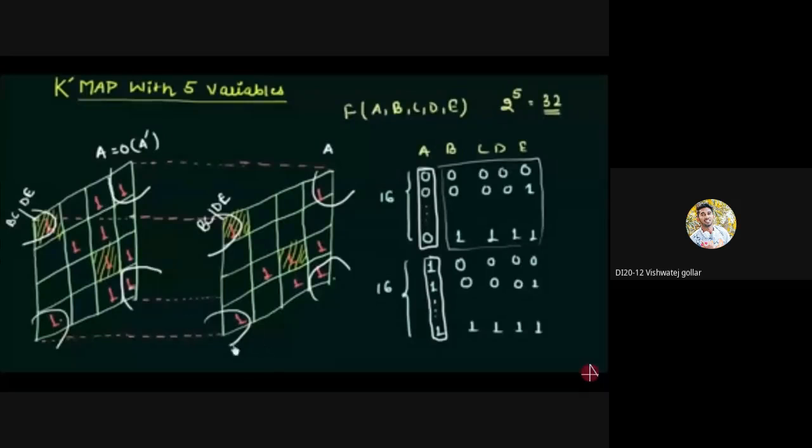This is our first group, and I can write function f for this first group. If I see, A is changing from 0 to 1. Here A is 1, and in this map A is 0. So A is changing from 0 to 1, so A is not written here. Now we will see for BCDE. It's very simple. You can do it like you did in your 4-variable K-map.